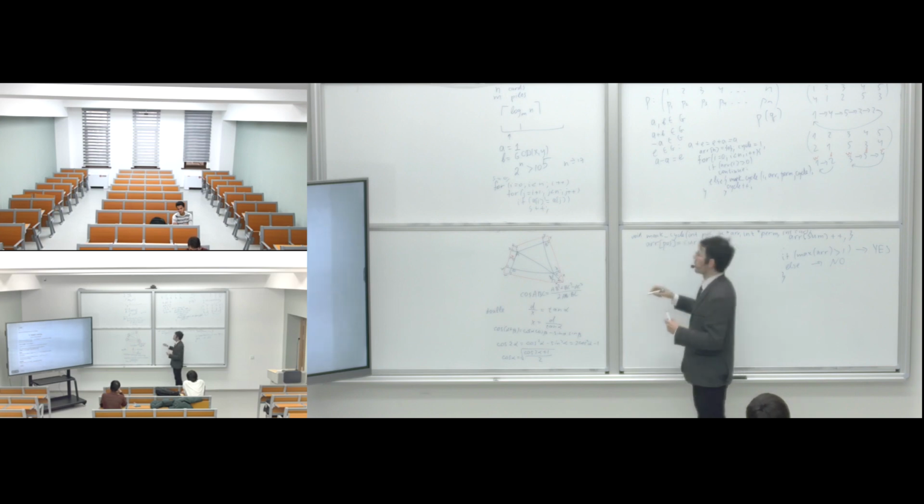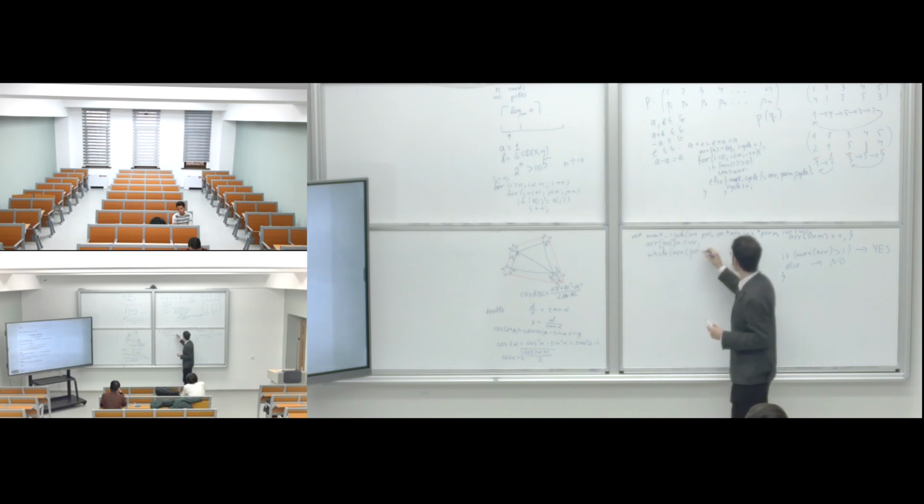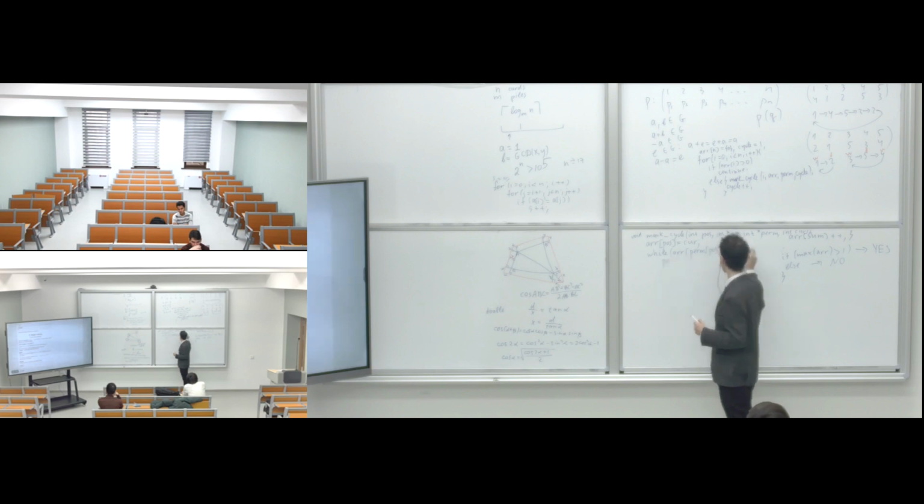Yes? And then we say while array of permutation of position is less than 1, first thing we do, we change position to permutation of position, and then we mark array of this position with this current value, and return.